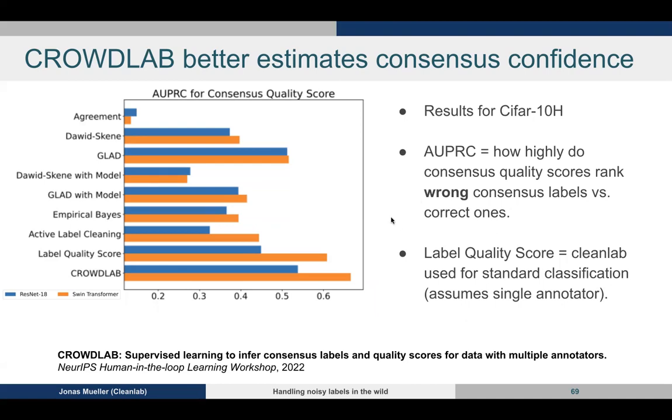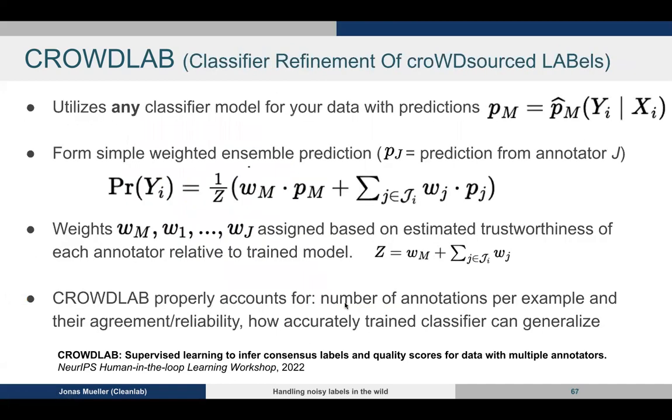The quality score that we compute is just, in the end, we take this ensemble estimate and we measure what's the probability this ensemble estimate assigns to the consensus label. So it's really, really dead simple.